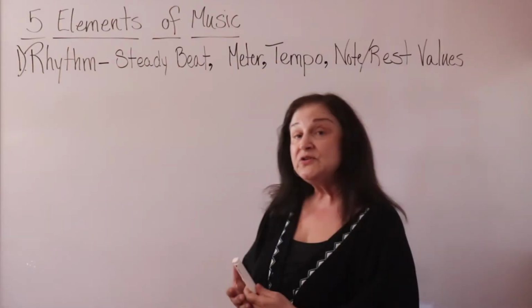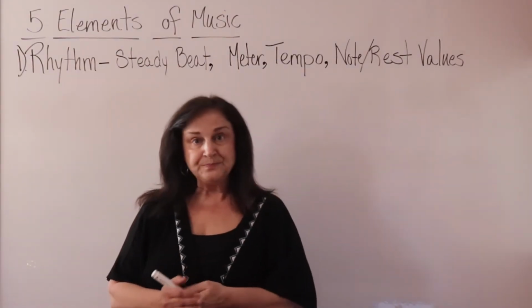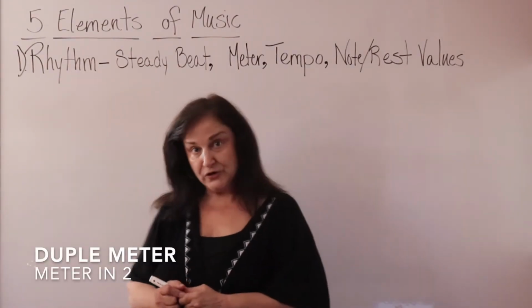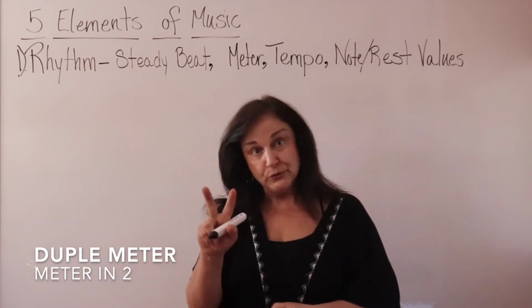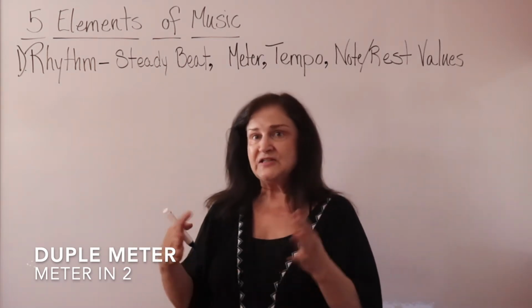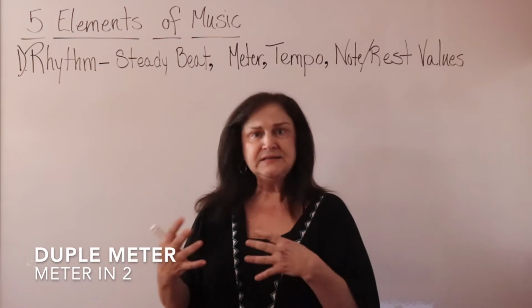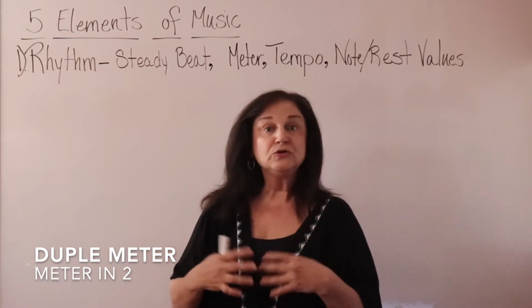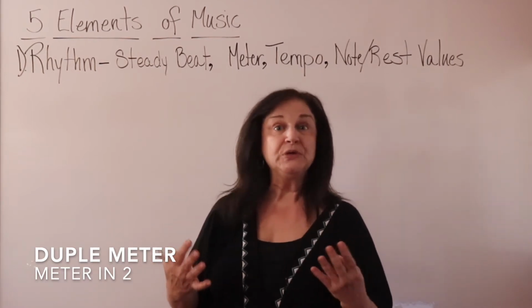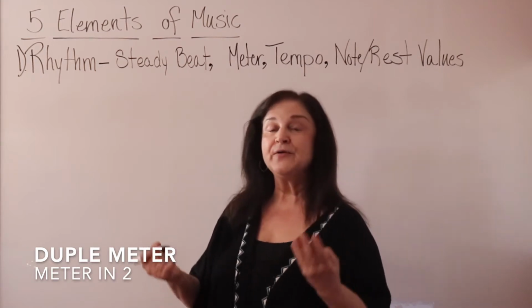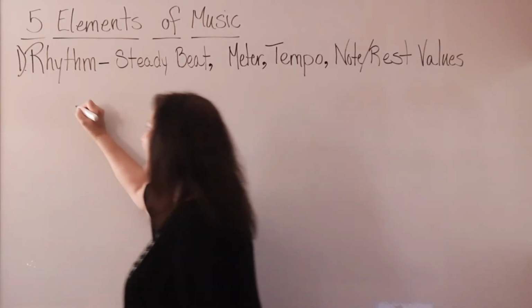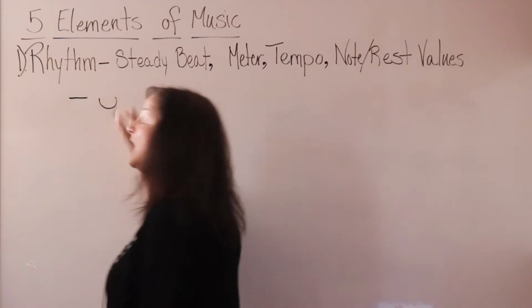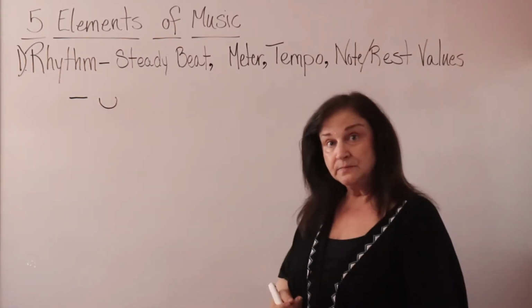rehearse. So the first meter we're going to talk about is duple meter. Meter in two. Duple has the prefix or the root of the word double, duple, duo, meaning two. So duple is meter in two, where it has an accented and an unaccented beat.